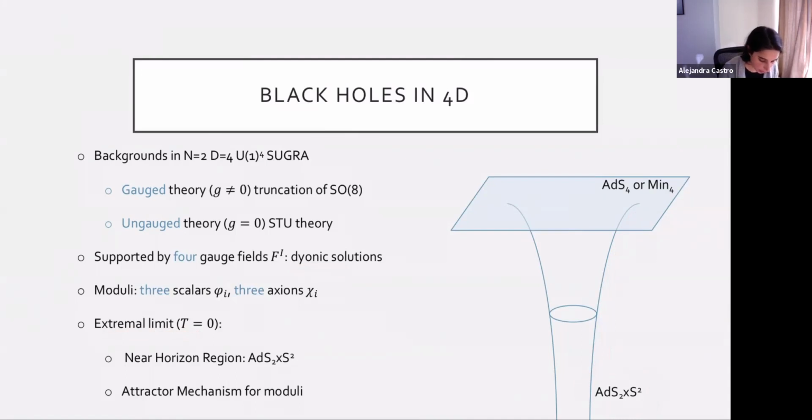And one thing that I would like to remind you is that these solutions are also very well characterized by the attractor mechanism, where basically these scalars become constant on this geometry. Okay, very good. So that's the initial setup.